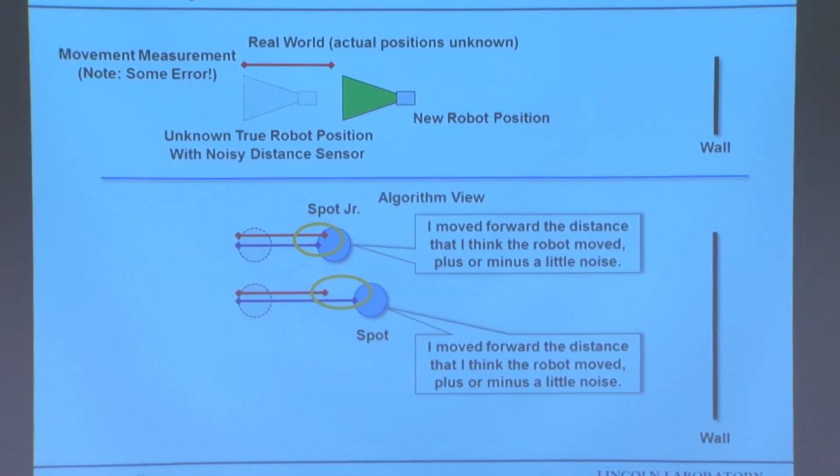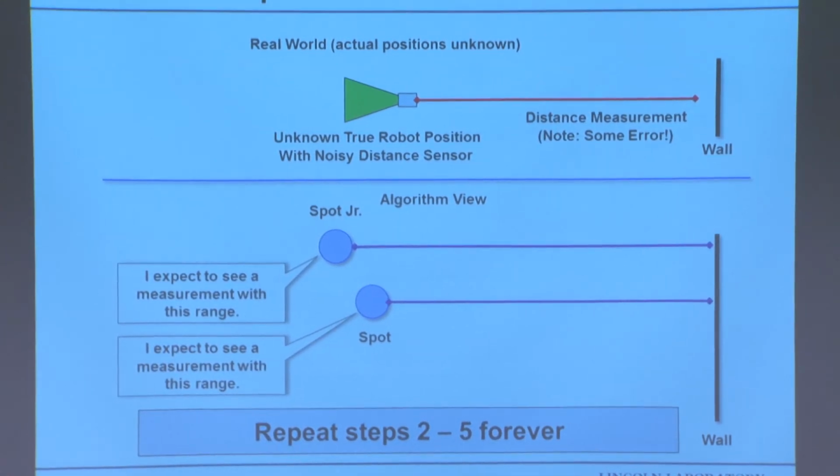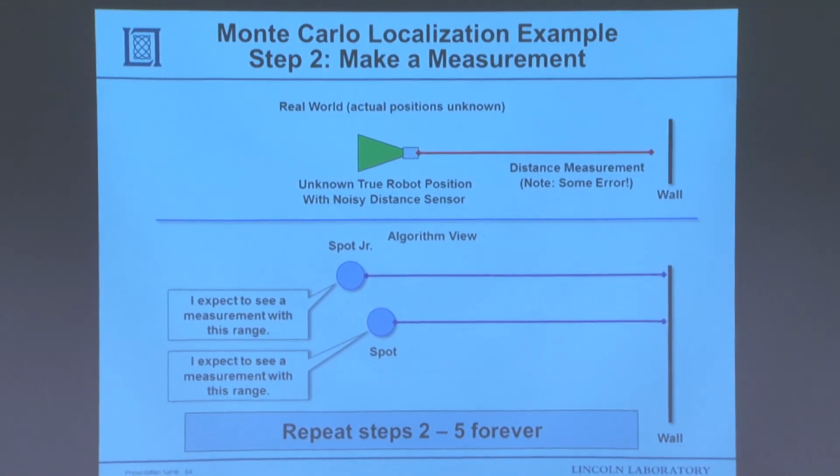That amount of noise depends on our motion model. If we are very confident that when the robot says it moved 1 meter, it actually moved 1 meter plus or minus a couple of centimeters, maybe there's not a lot of noise that we add to the positions of our particles. But if we are highly uncertain about how far the robot has moved, maybe we add a lot of noise. So now we have our particles in new positions, and the process repeats.